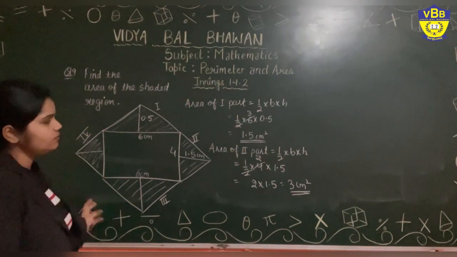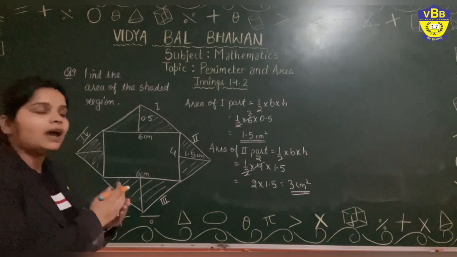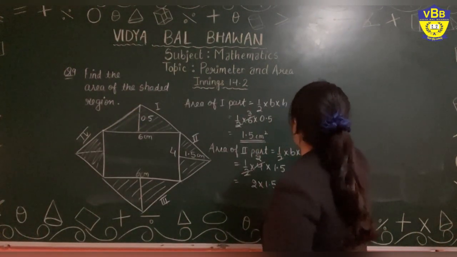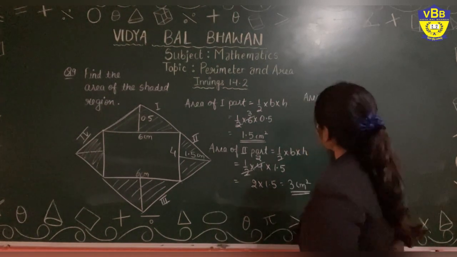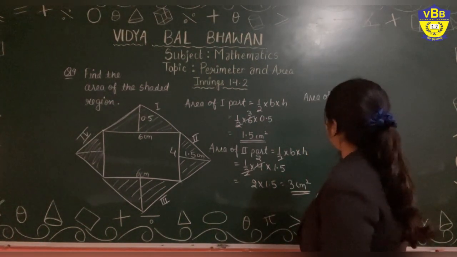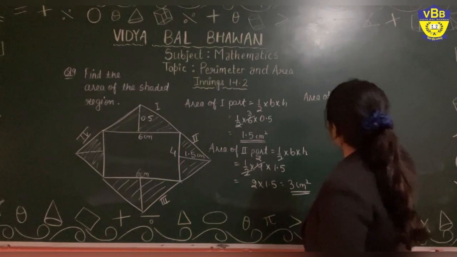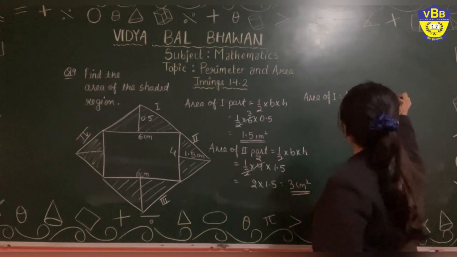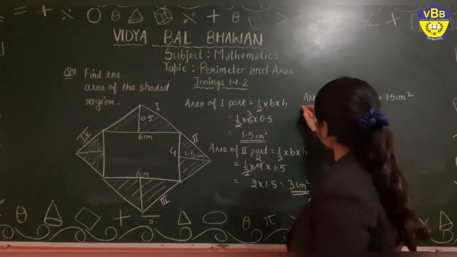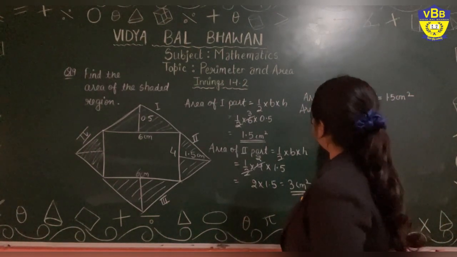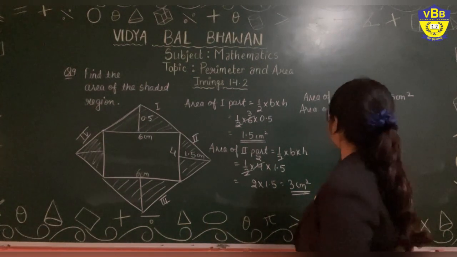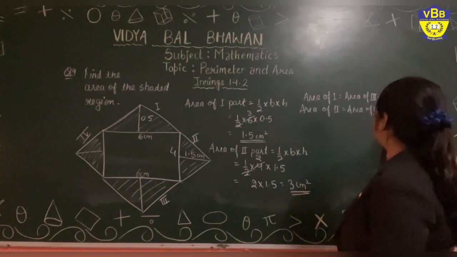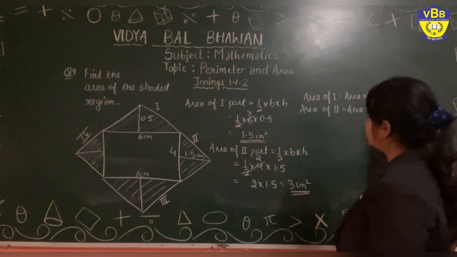To find the area of this whole figure, I need to add all of them. I am writing over here that area of first part will be equal to area of third part, that is equal to 1.5 centimeter square. Area of second part will be equal to area of fourth part, that is equal to 3 centimeter square.